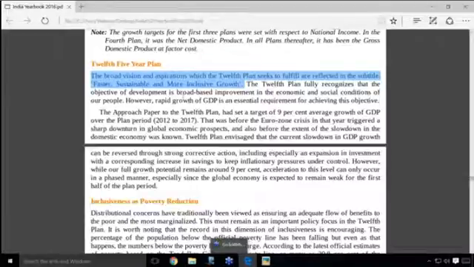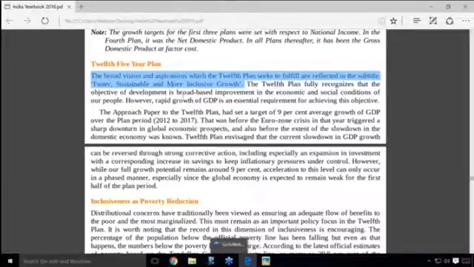In the 2014 question, UPSC asked what is the broader objective of the 12th 5-year plan? And it gave the statements, faster, sustainable and more inclusive growth, faster and more inclusive growth.